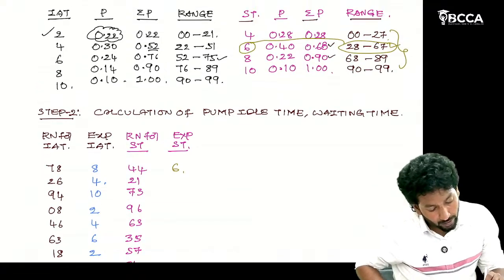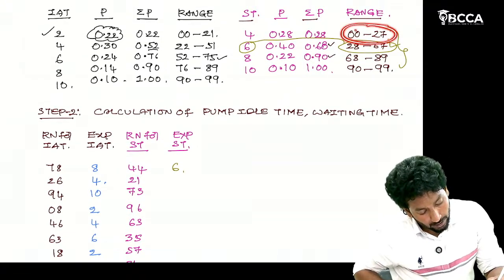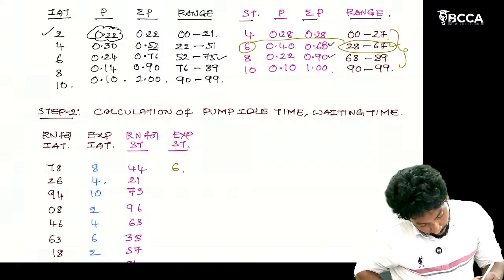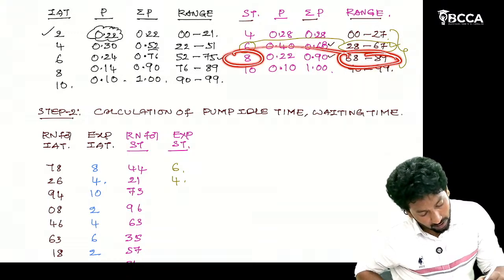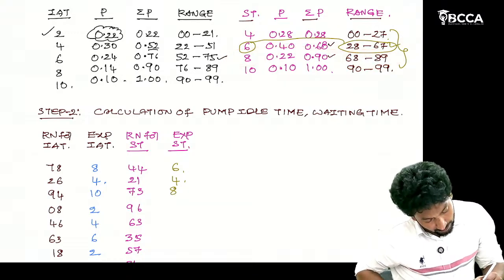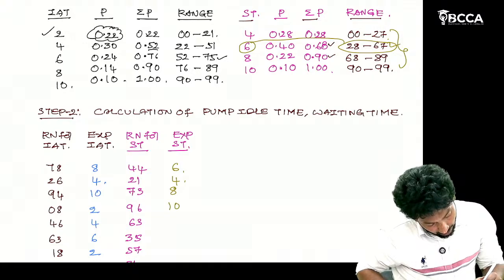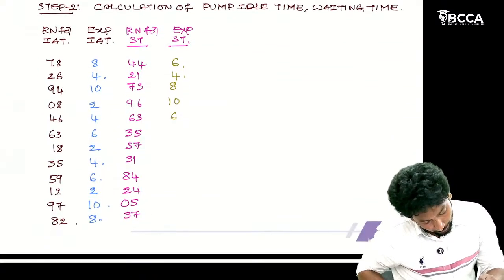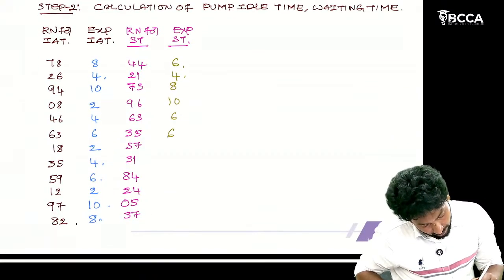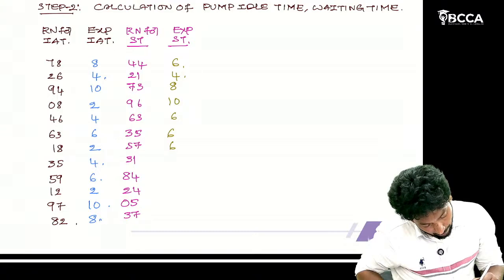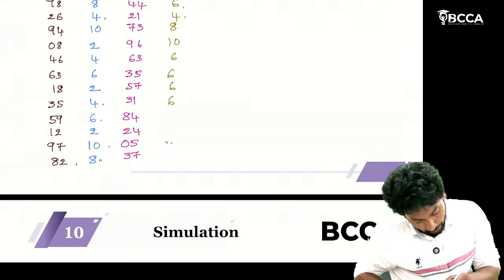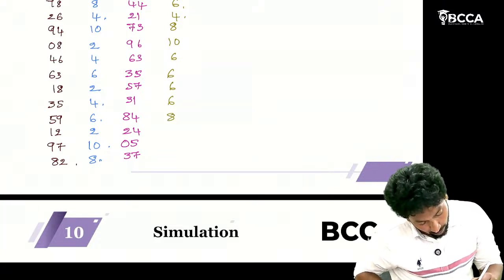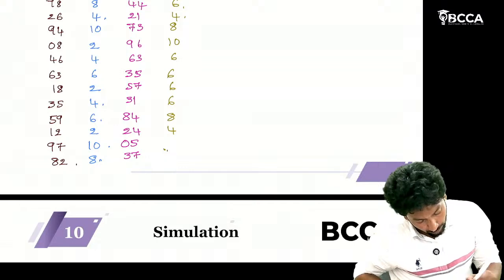Next, 21 falls under the first class interval. The decision variable for this class interval is 4. Next, 73 falls under the third class interval, 8. 96, last one, 10. 63, 6. 35, 6. 57, 6. 31, 6. 84, 8. 24, 4. 05, 4.